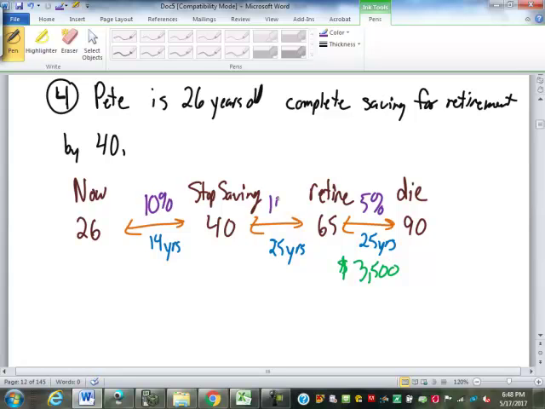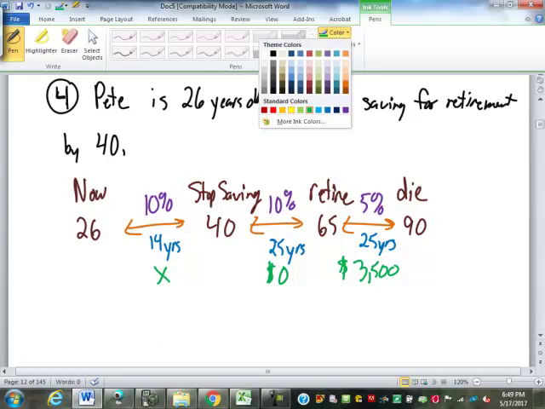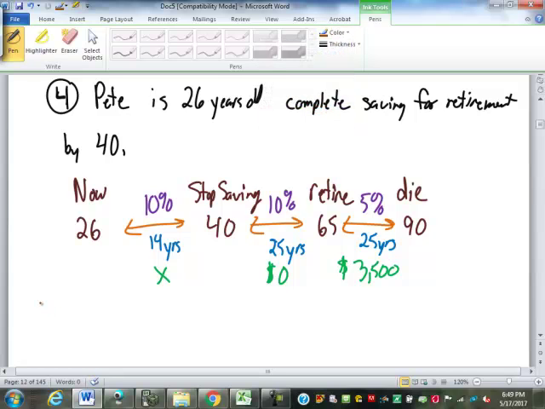So both of these are going to be 10%, because technically those are both in the investment stage. Here, though, his payments are going to be $0. Here, we're looking for that payment. So this is going to take 3 stages.